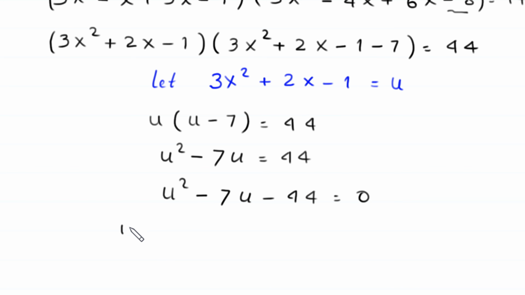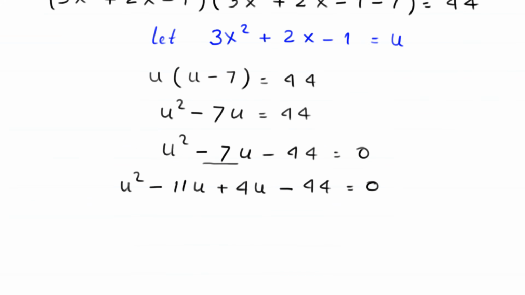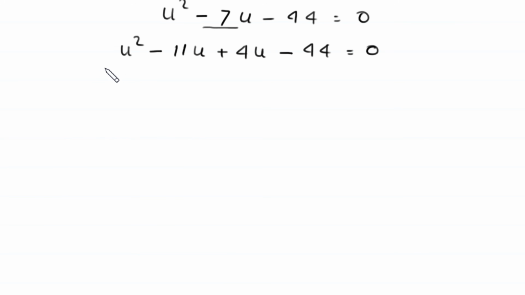We write u squared, and break this negative 7u into two terms: negative 11u plus 4u, minus 44 equal to 0. From these two terms we can factor out u, in bracket u minus 11, and from these two terms we can factor out plus 4, in bracket u minus 11, equal to 0.